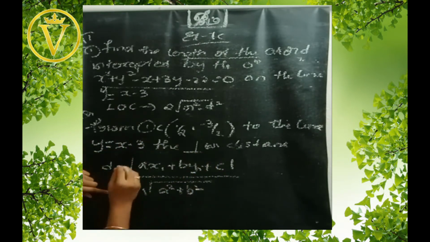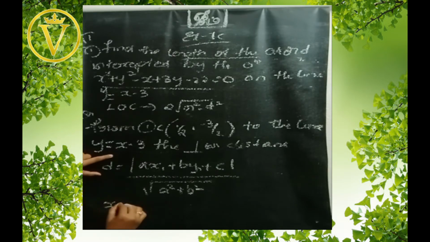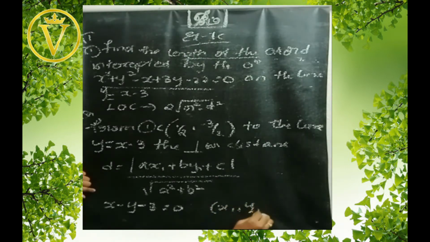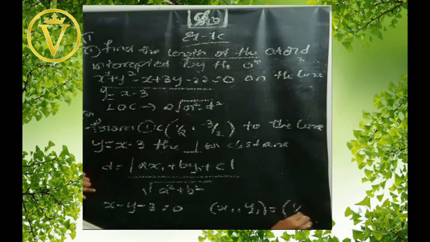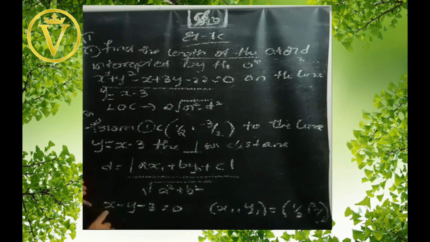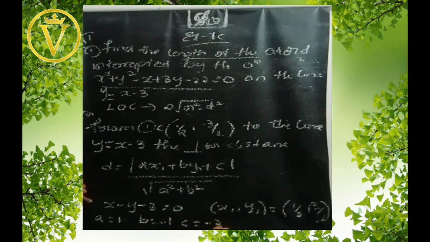Now we'll write the line: x, this y will go that side, so x minus y minus 3 equals 0. And the x1, y1 point is 1 by 2 comma minus 3 by 2. Here a equals 1, b equals minus 1, c equals minus 3, from this equation.